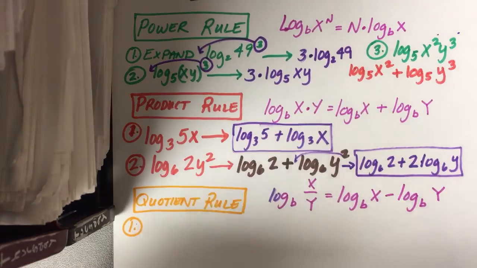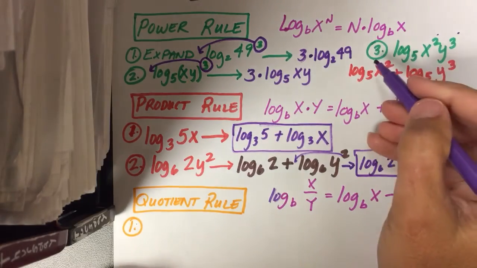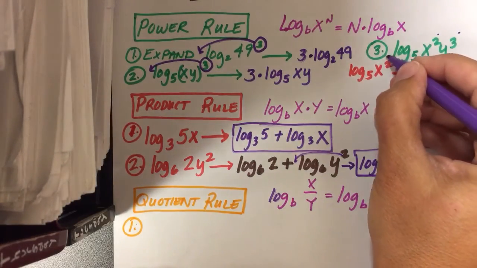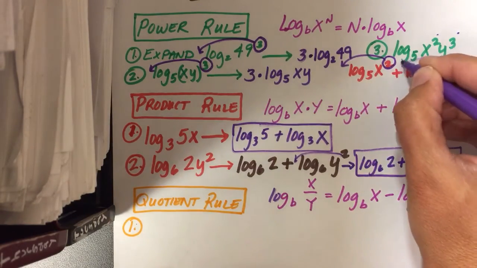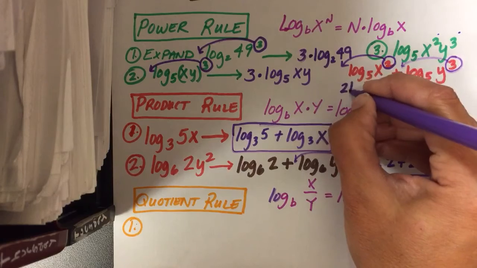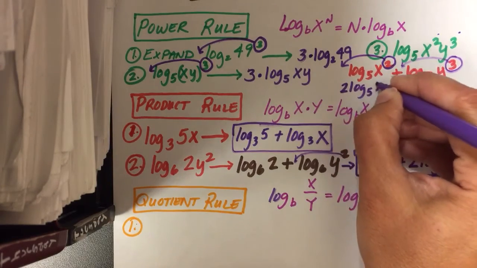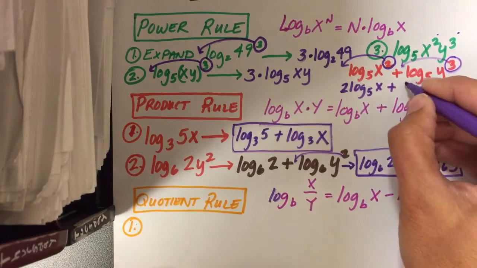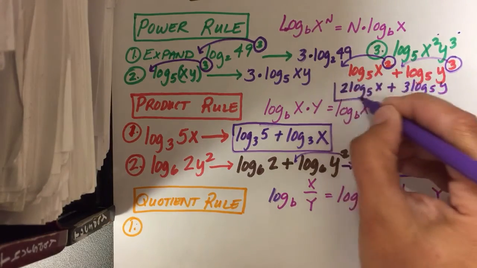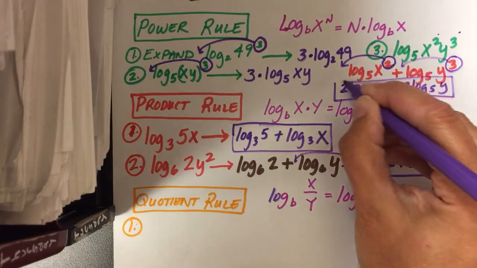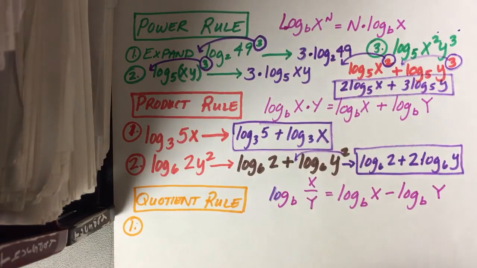I used my product rule now to separate it, and then to finish it, I'm going to use my power rule. So this 2 will go in front, and this 3 will go in front. So I have 2 log base 5 of x plus 3 log base 5 of y. And now I've completed using the product and the power rule.